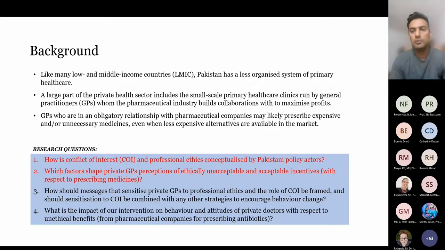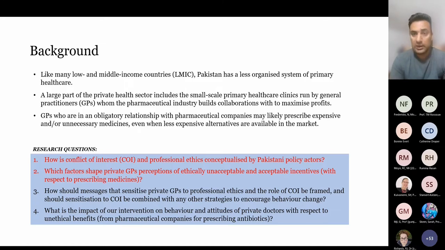So we believe that the pharmaceutical industry is often a vital source of information. And certainly, I think GPs or physicians can benefit a lot from that information in terms of taking informed choices and decisions in relation to patients' diverse health needs. However, the relationship between pharmaceutical companies and GPs can negatively affect patients' health and well-being when incentives are mobilized to maximize profits through inappropriate prescribing.